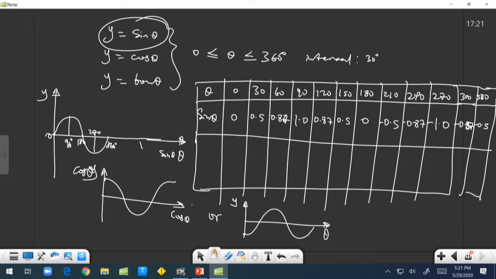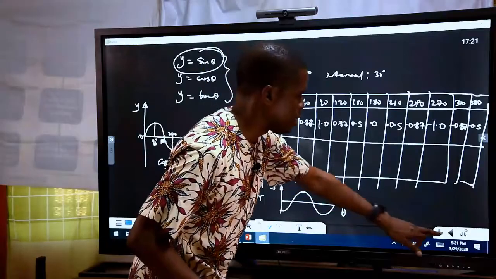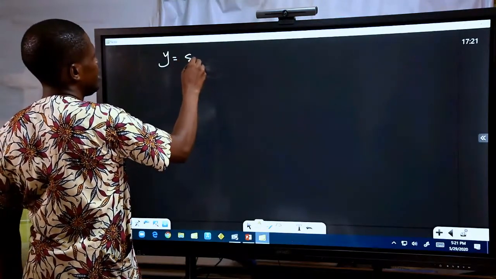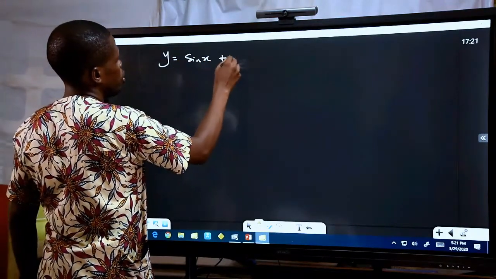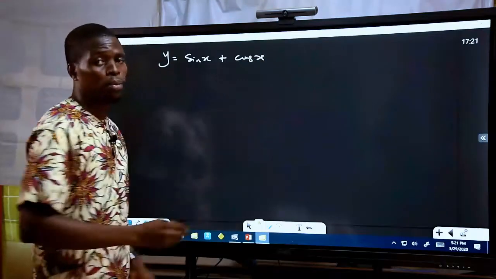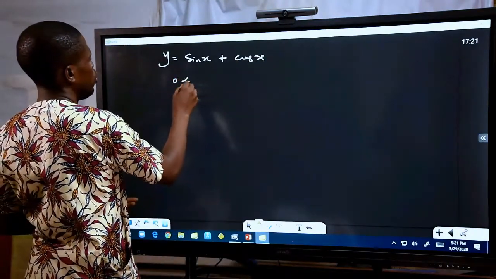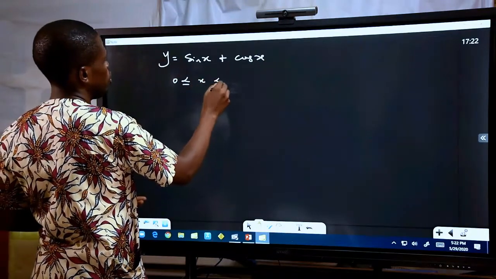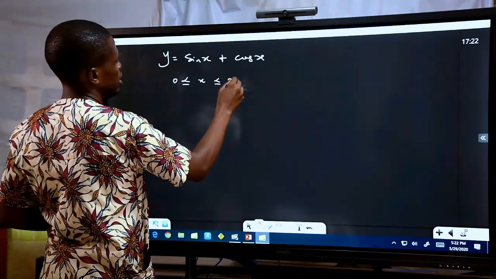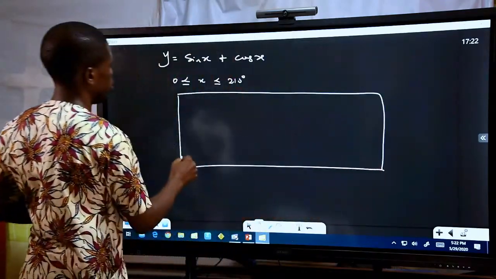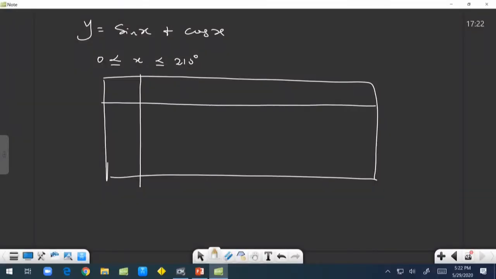But we can have a more complex function where you have y equal to sine x plus cos x, and you are asked to plot the graph from 0 to 210 degrees. The first thing you do is to draw your table.